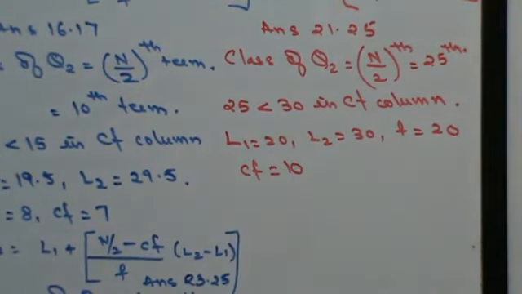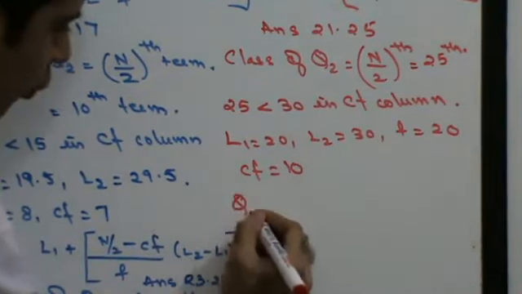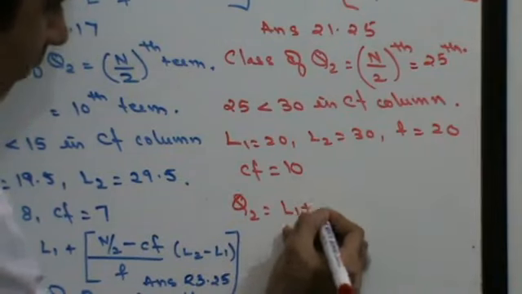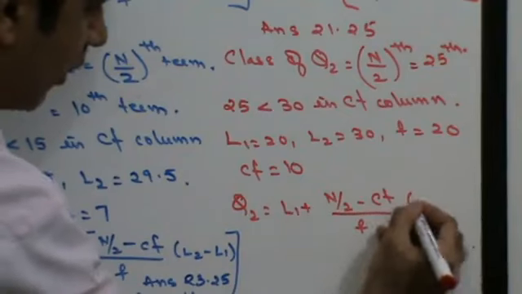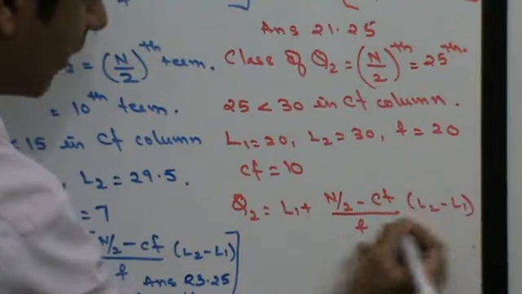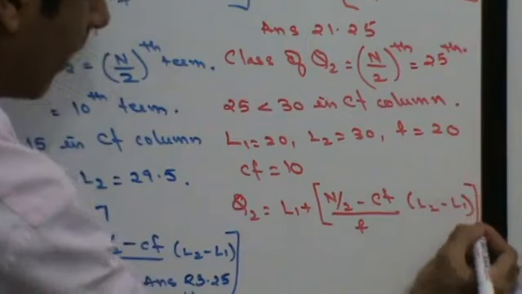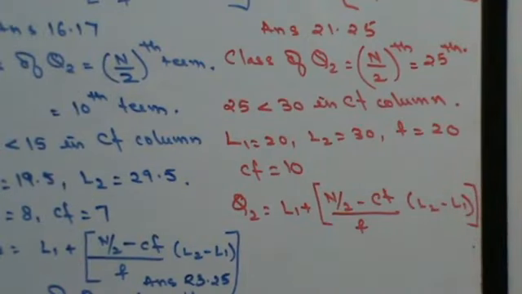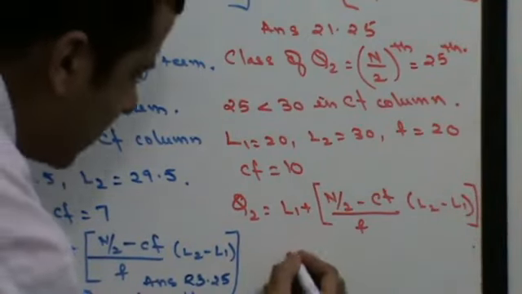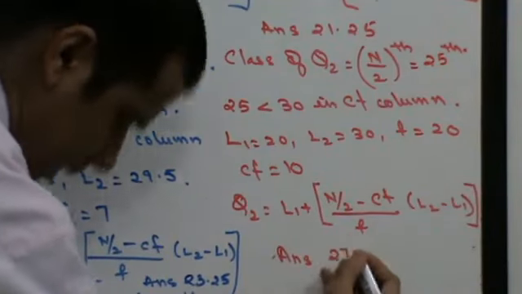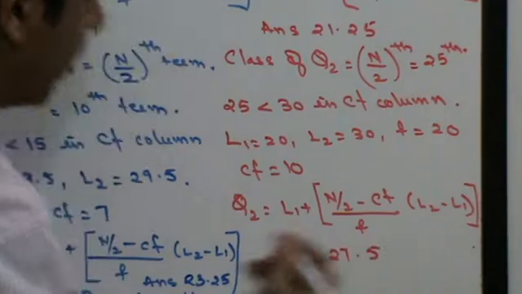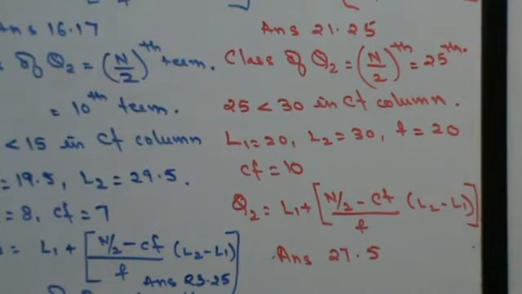So Q2 will be nothing but L1 plus N by 2 minus CF upon F, times L2 minus L1. When you solve this, you should get the answer for this as 27.5.